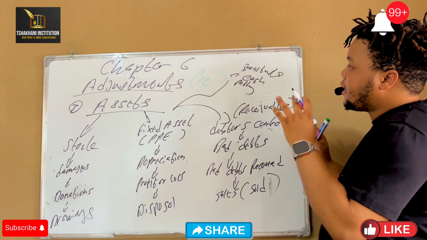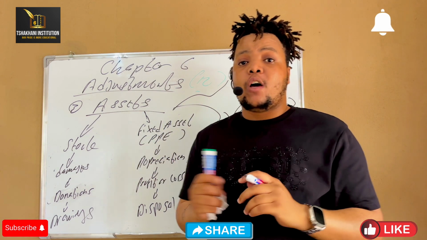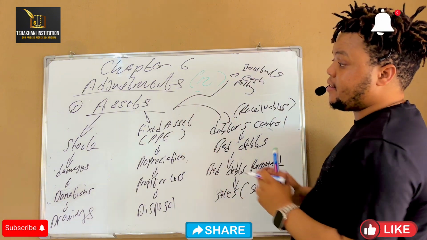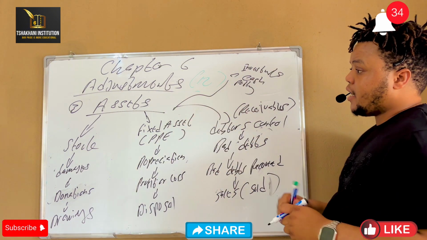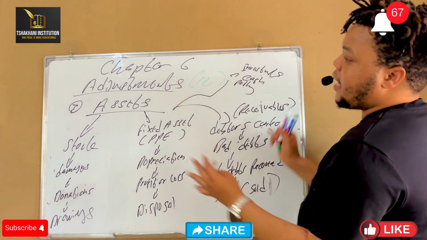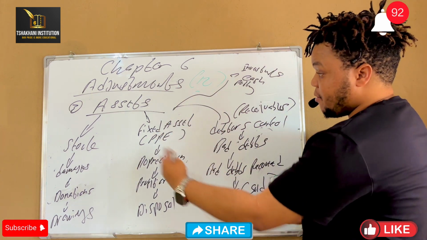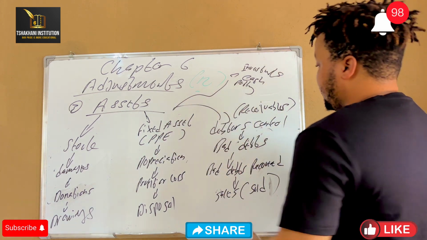So those are the things that we are going to come across around the assets, in summary. There might be others that I have omitted here, but these are the most common adjustments that we are going to come across in chapter 6.